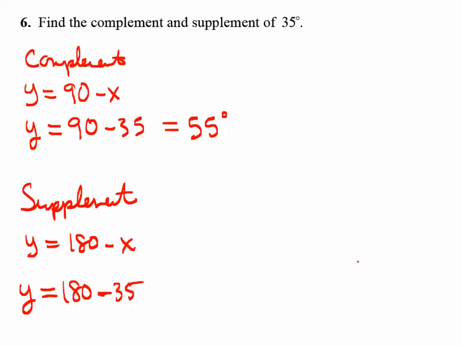And again, plug in the 35. I'm just doing pre-algebra at this point. 180 minus 35 is? 145. 145 is good by me, yep. And then add a little degree symbol next to it. And there's your supplementary angle.